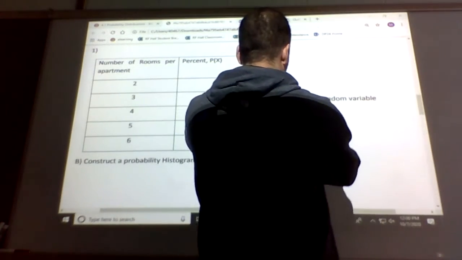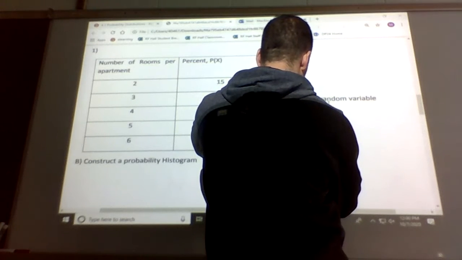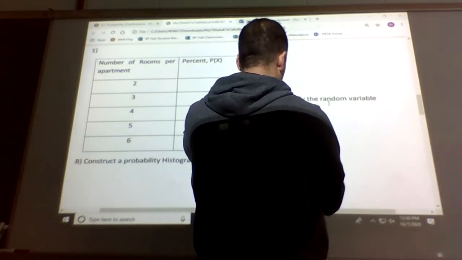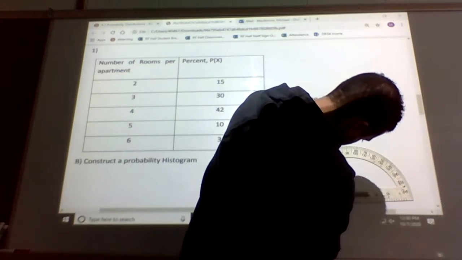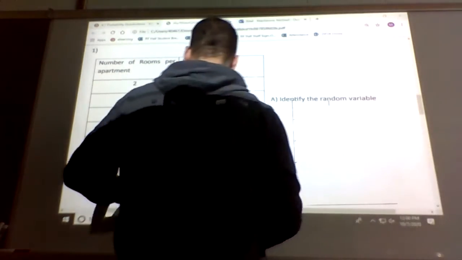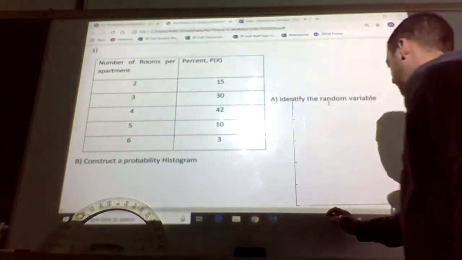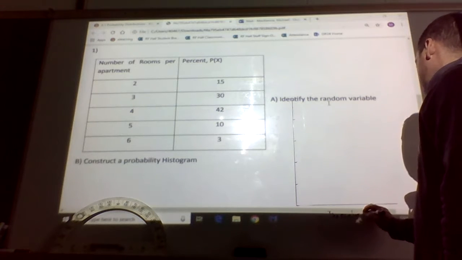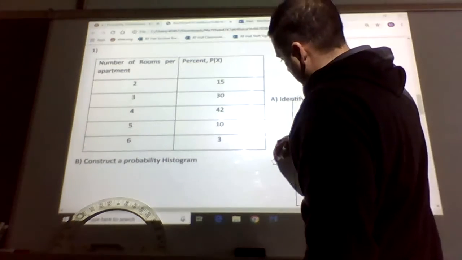So histogram. 20, 30, 40. So this would be the number of rooms in the bottom. Number of rooms. And this is the percent.